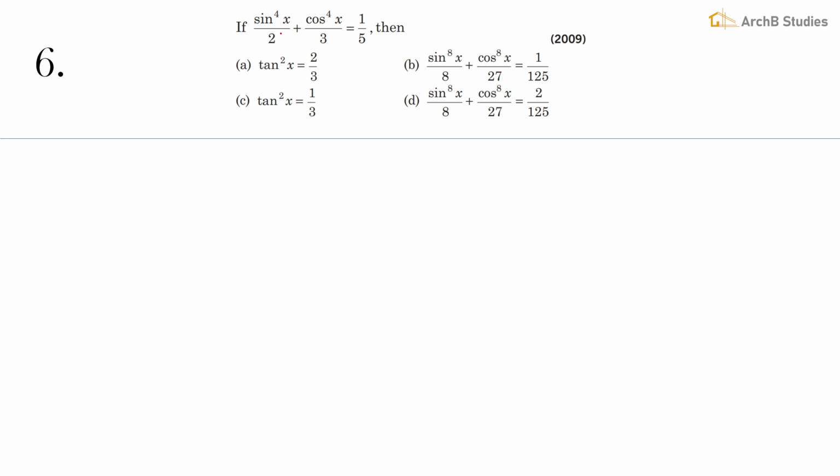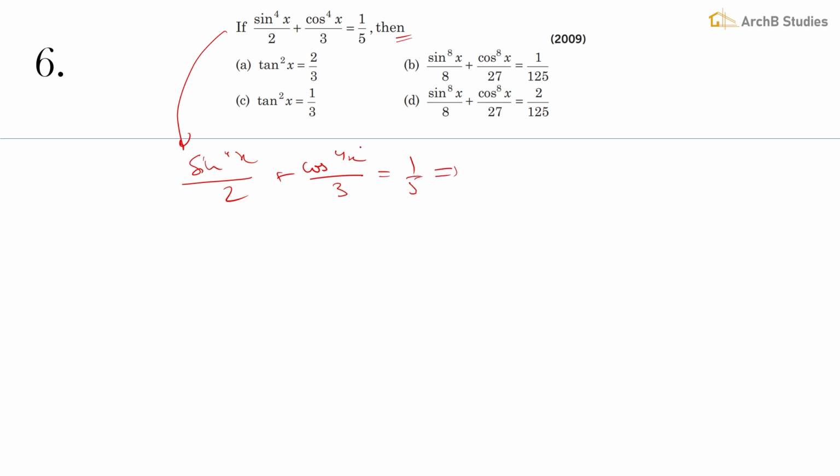If sin^4 x upon 2 plus cos^4 x upon 3 equals 1 by 5, then we have to tell which one of these are correct. Now let's simplify this. Sin^4 x upon 2 plus cos^4 x upon 3 equals 1 by 5.